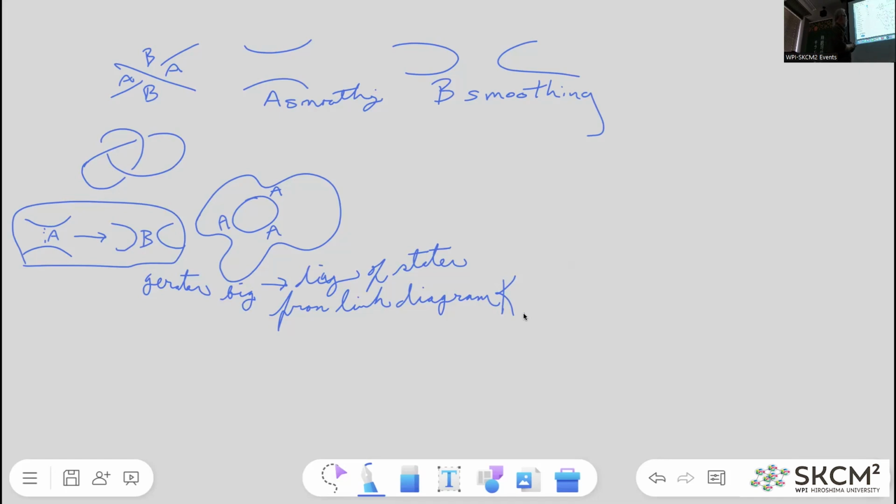But Khovanov had a larger theoretical idea. And his idea, as I said, is to think of this as a category. And then if you're thinking in categorical terms, there are ways to measure how a category behaves as a global object. And I'm going to talk about that a little bit.